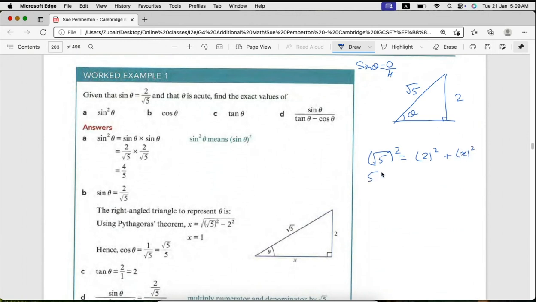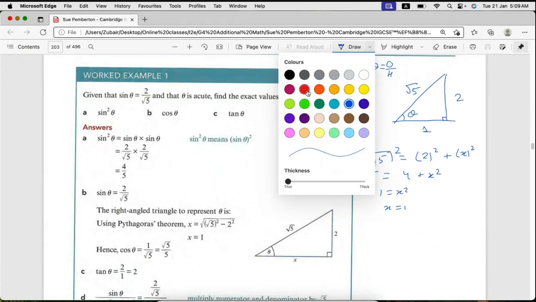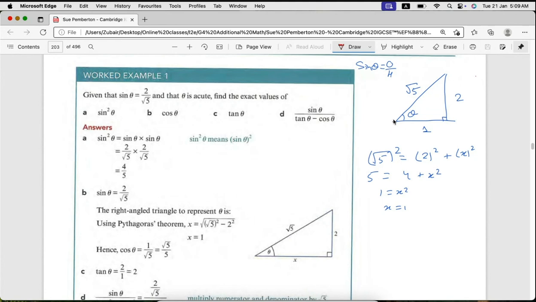So solving this is 5, 4. 5 minus 4 is 1. Square root both sides, x is equals to 1. Third side is 1. Now we can just use values for sine, cos, and tan from this triangle to solve the given questions.